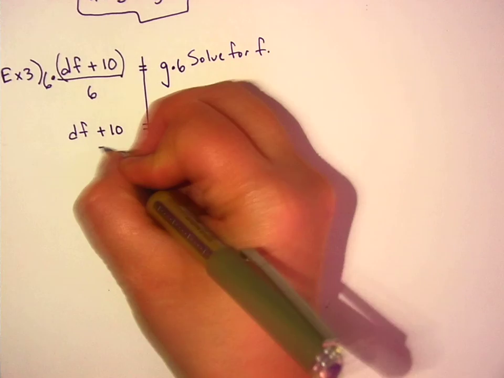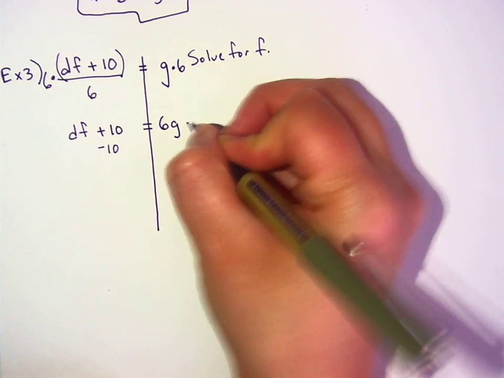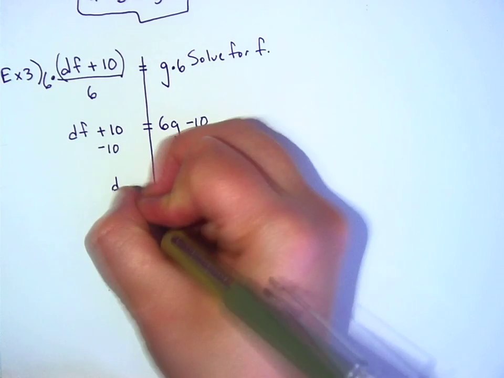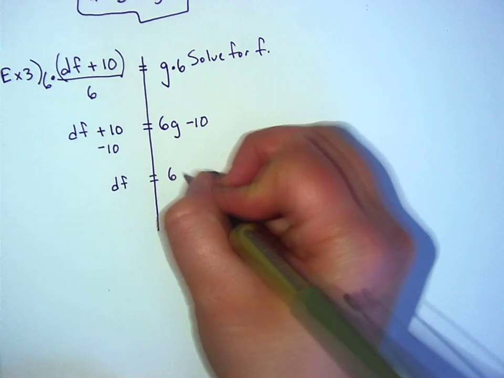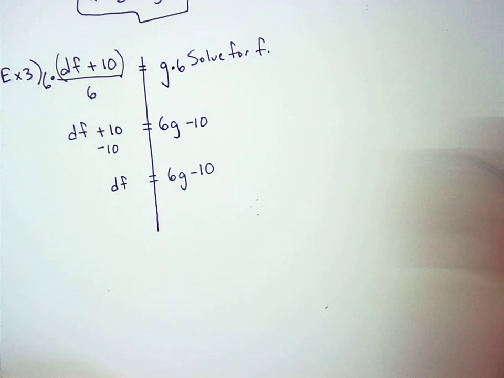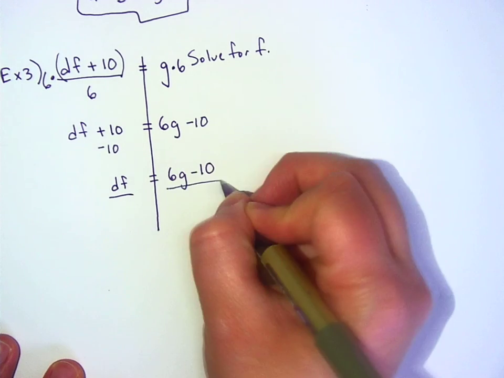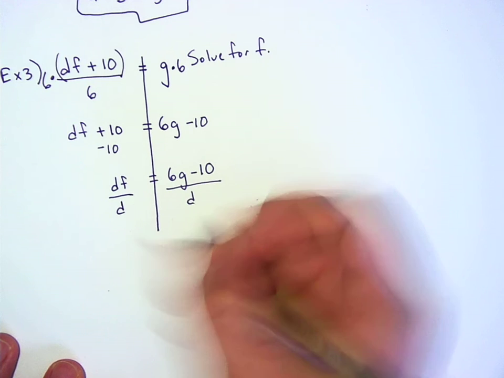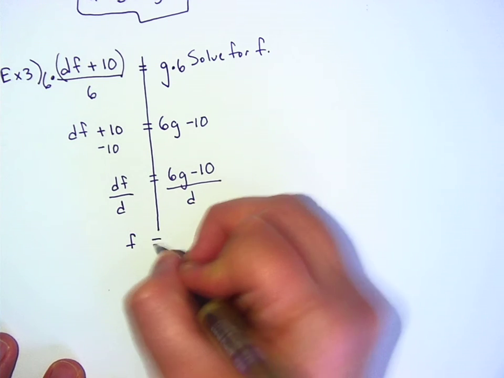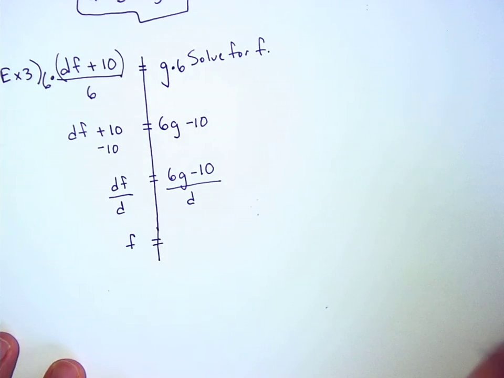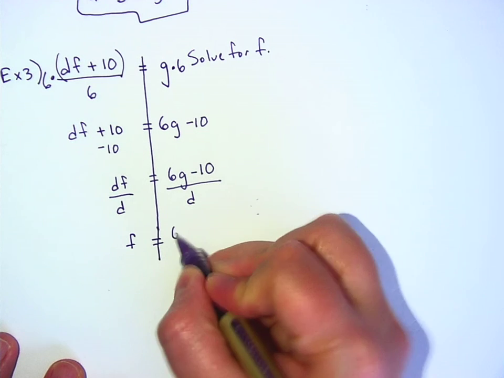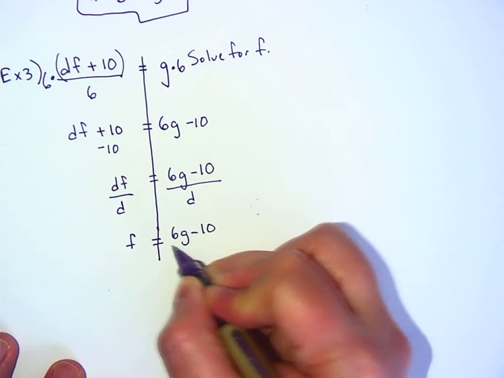Yeah, so we're going to get rid of this 10 on both sides. Now it's df equals 6g minus 10. And then what? Divide by d. So my final answer is, say it to me, Sawyer.